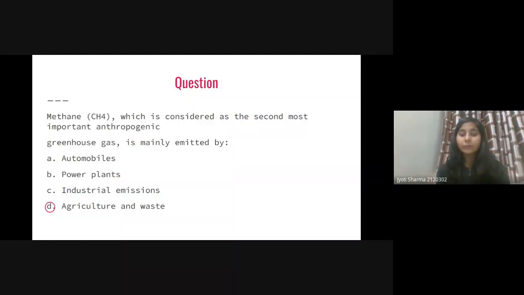And agriculture also consists of cattle rearing. Whenever there is dung of the cattle, and there is also anaerobic respiration inside the gut of the animals, that will also give you methane production. So obviously agriculture and waste will give you the methane production.